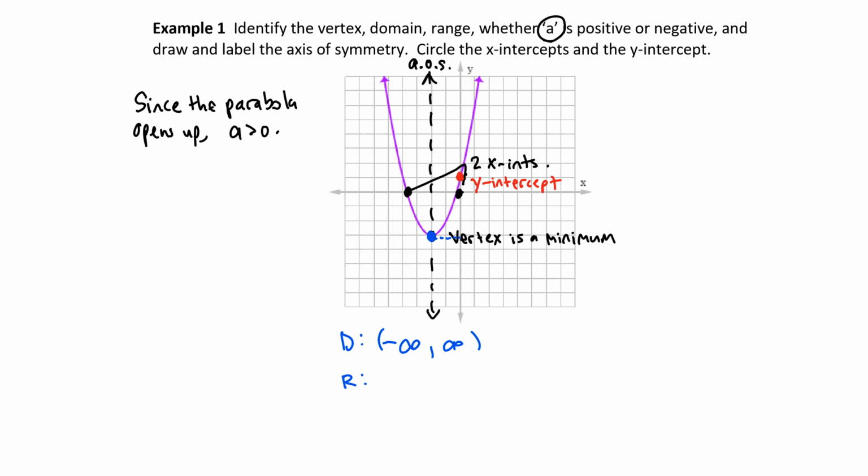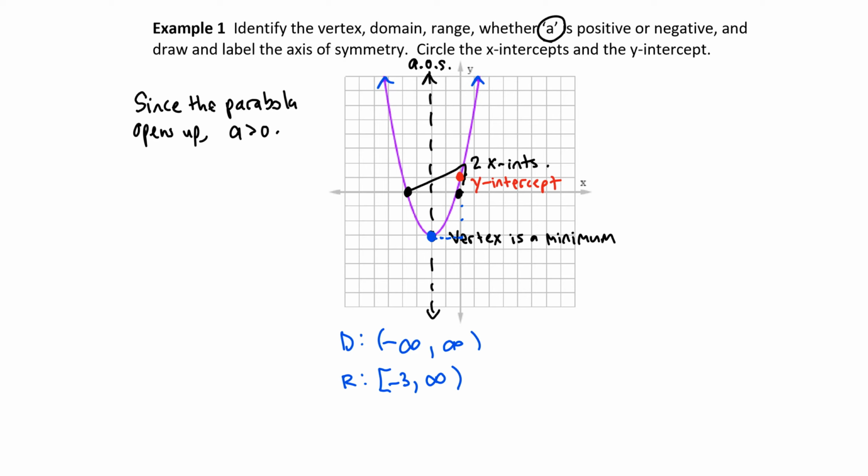Now the scales aren't labeled here, so we'll assume a unit of 1. So 1, 2, 3. Looks like our lowest y value here is -3, and we'll put that in brackets. And because the parabola continues extending up forever, the maximum value for our range is infinity. So that is the domain and range of our parabola.